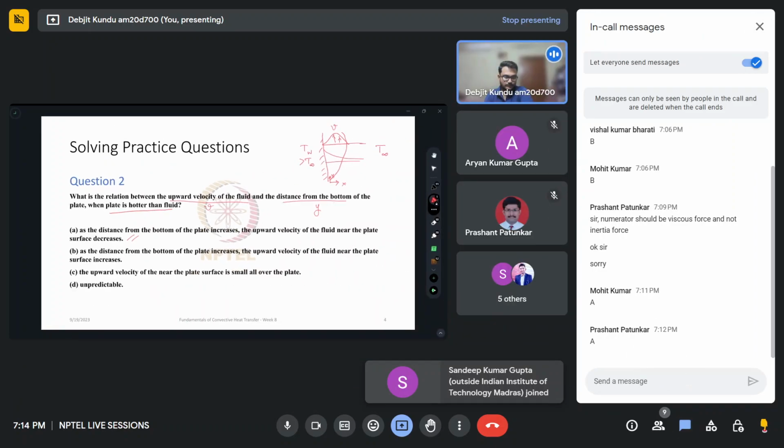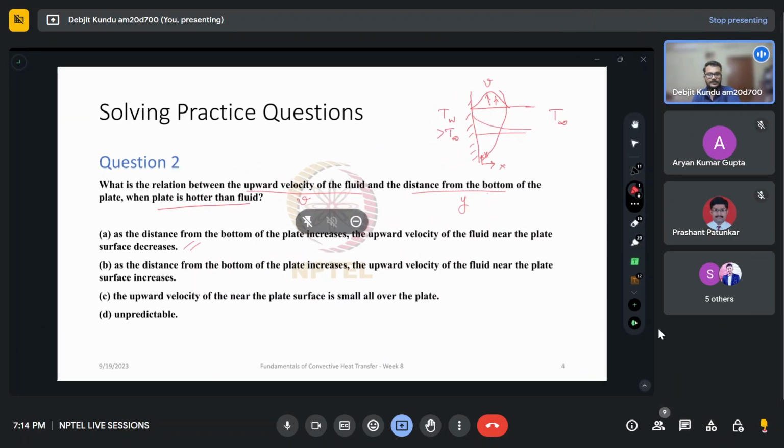Does V increase with Y? Does it decrease with Y? Is it unpredictable? Or is it so small that it doesn't matter?